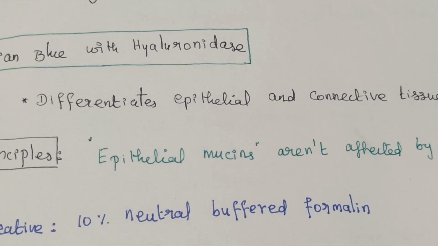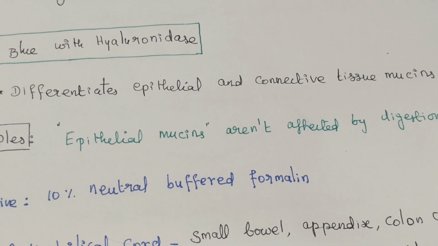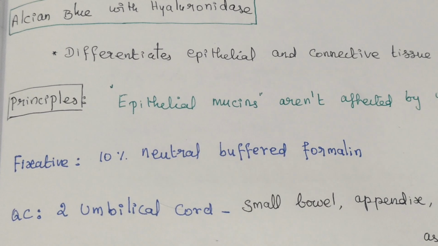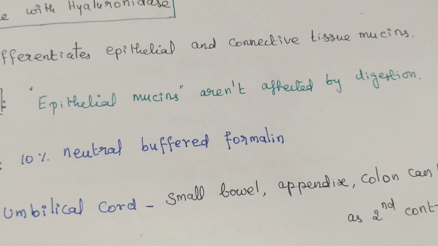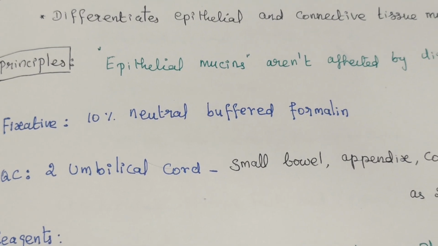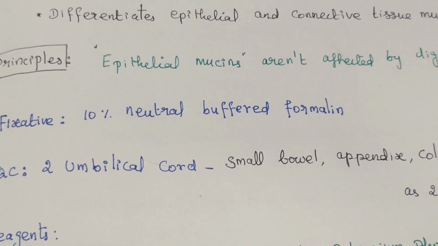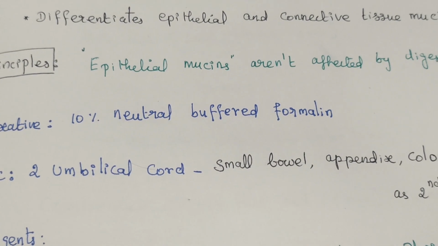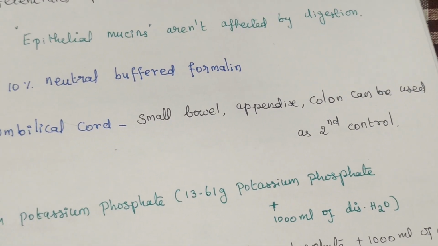This is used to differentiate epithelial and connective tissue mucin. Here epithelial mucin is not affected by digestion. Fixative: 10% neutral buffered formalin. For quality control, umbilical cord, small bowel, appendix and colon can be used.